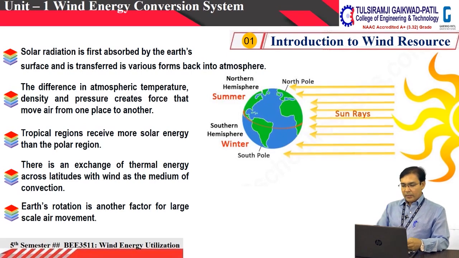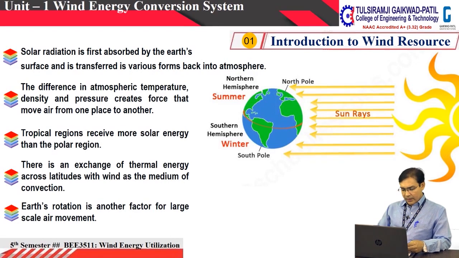The primary cause of this movement of air is the uneven heating of the earth by solar radiation. By and large, the air is not heated directly, but solar radiation is first absorbed by the earth's surface and then it is transferred back to the atmosphere in various forms. As the surface of the earth is not homogeneous, that is land, water, desert and forest, the amount of energy absorbed varies both in space and time.